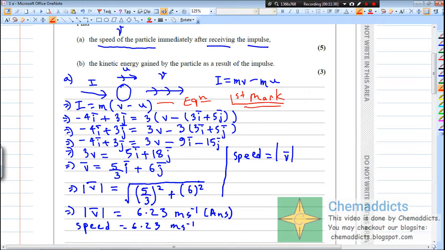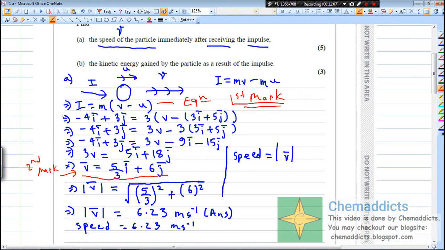Okay, so the second mark is for finding this value, this vector value of the final velocity. If we find the vector quantity of final velocity, then we are able to get the second mark. So the second mark is for obtaining the value for final velocity. Our value should be correct and accurate in order to get the second mark.